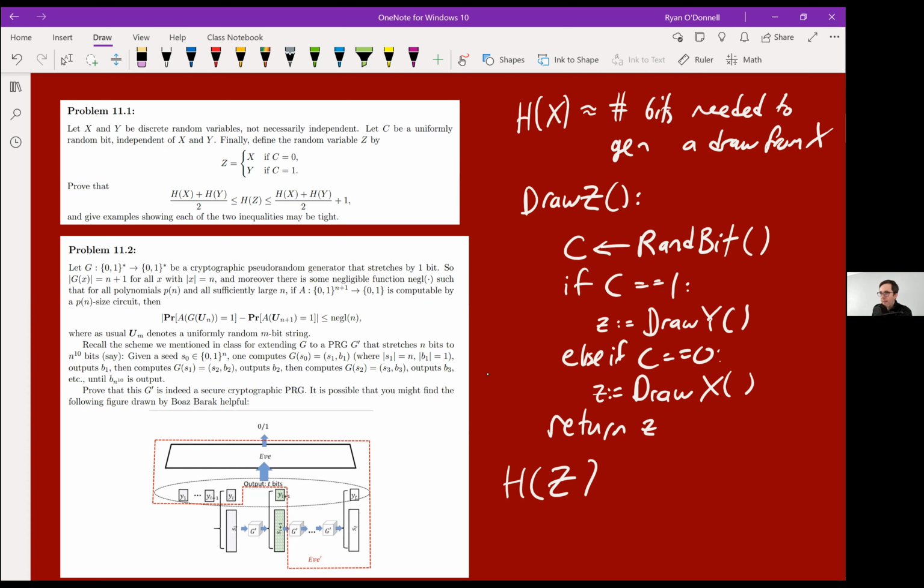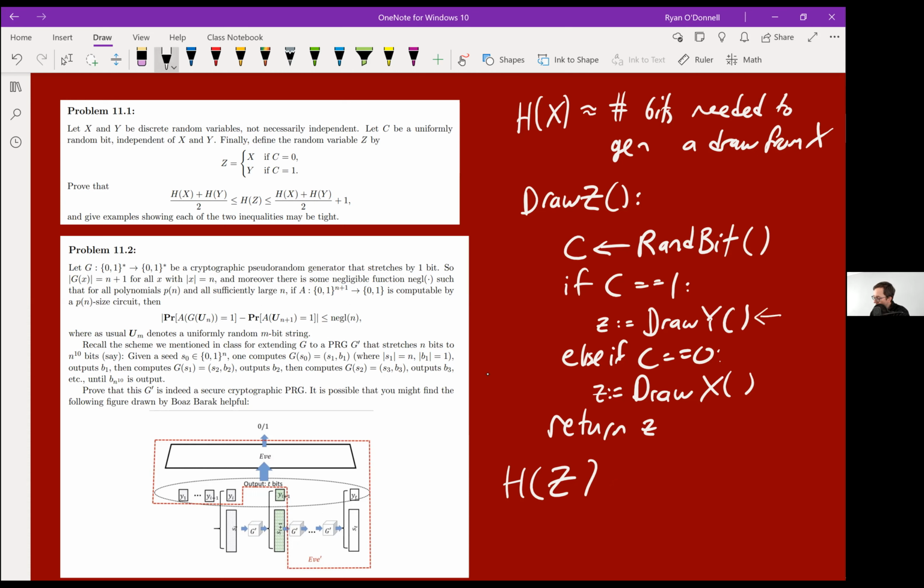Yeah, I guess thinking about when the inequality will be tight, I thought about that as you were writing this code. One direction might just be if they're independent, right? Because then you really do have to flip that random bit. Yeah, that's very intuitively correct. Imagine X and Y are independent.